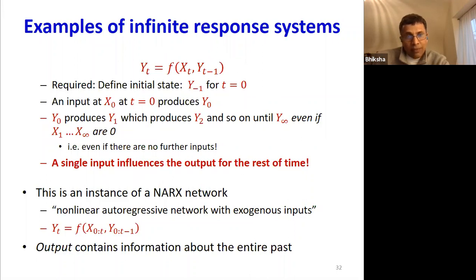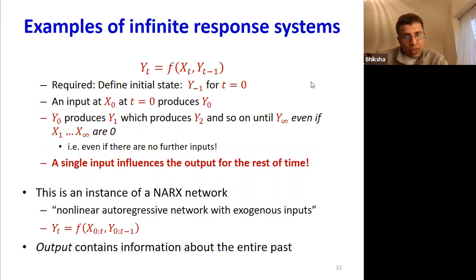A single input influences the output for the rest of time. Now, when a neural network has this kind of structure, where the output at any time feeds back as the input, it's called a NARX network, where NARX stands for nonlinear autoregressive network with exogenous inputs. Nonlinear because the net is nonlinear, autoregressive because it regresses on past outputs.